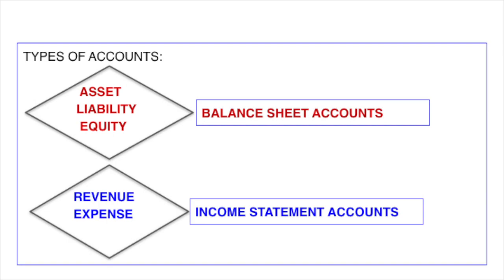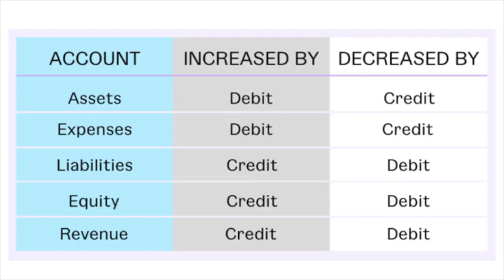So taxes payable is an example of a liability. Expenses are costs your business incurs during operation. When you pay an employee, you increase the expense account because you are paying them. And the example is gross wages. So gross wages is an expense account.